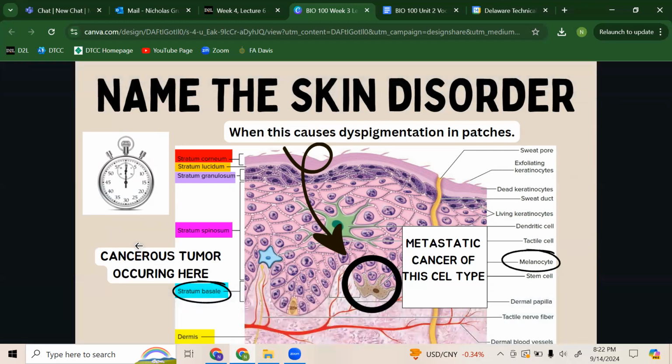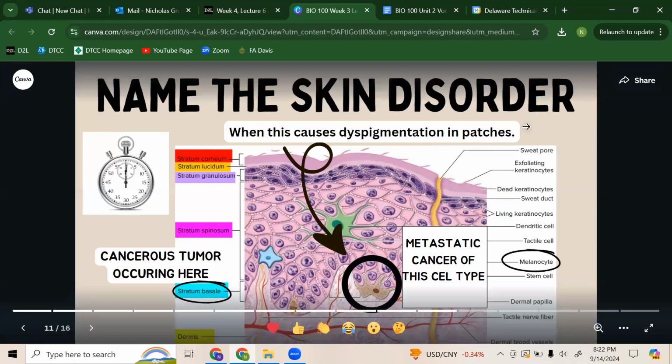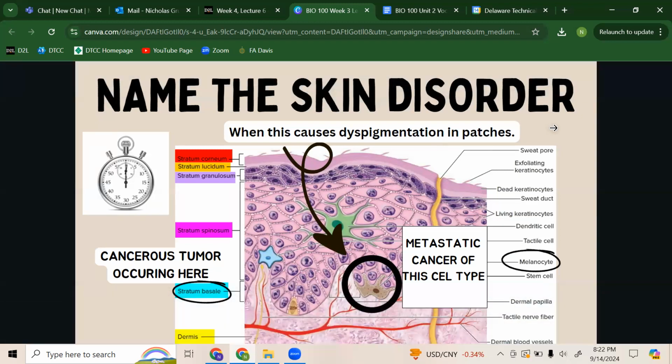Okay, let's go over this. We'll go from left to right here. So cancerous tumor occurring in the stratum basale would be BCC, a basal cell carcinoma. So dyspigmentation in patches, that is actually known as vitiligo. Many people know Michael Jackson as a very famous example of a person who suffered from vitiligo.